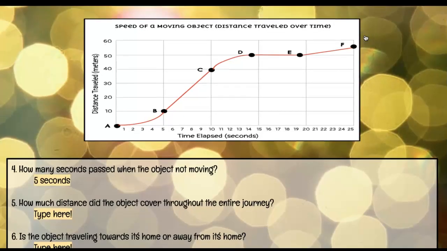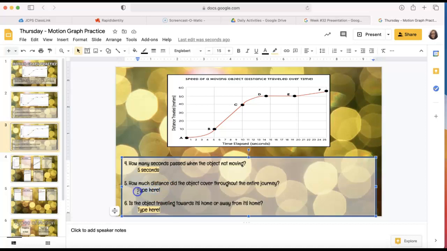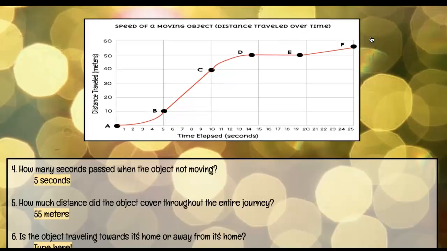Number 5 says how much distance did the object cover throughout the whole journey. Starting from the beginning, this object went all the way up to about 55 meters. That was halfway in between 50 and 60, so that would be 55 meters. And then the last question says, is the object traveling towards its home or away from its home?